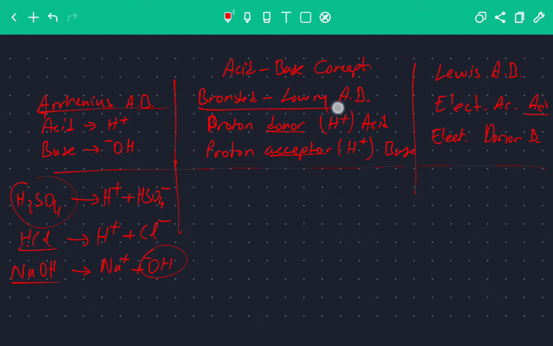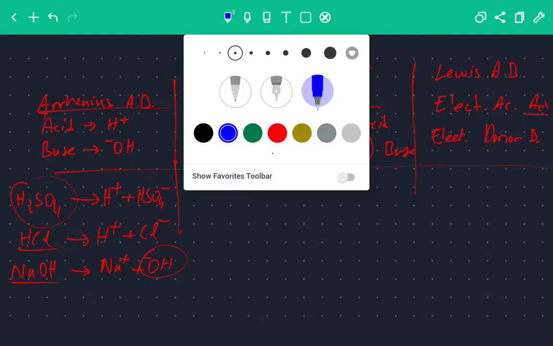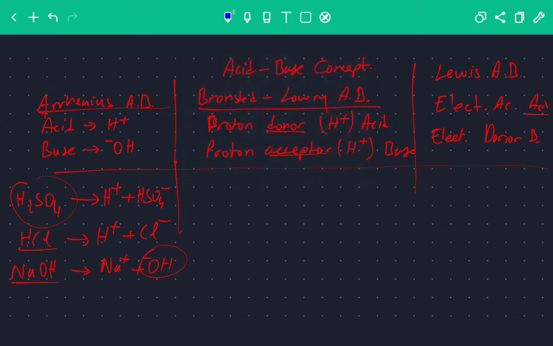And if you look at the Bronsted-Lowry acid-base concept, I hope it's blue. We can use blue for this case. So if something donates a proton, it's an acid, and if something accepts a proton, it is a base. For instance, we can look at this example: NO2 minus and H2O. This is actually a reversible reaction, therefore I should use a double arrow.